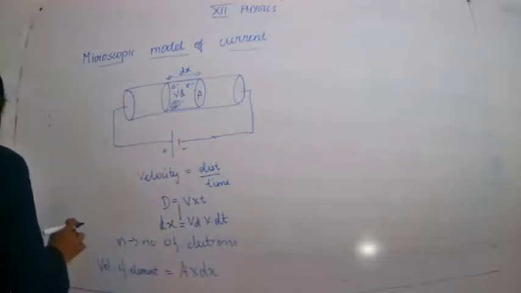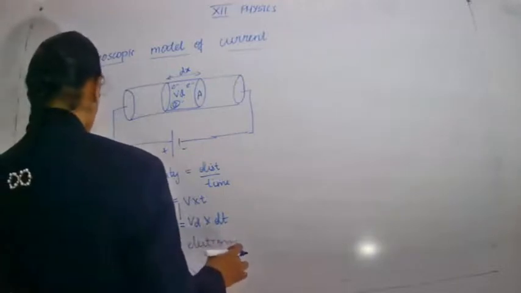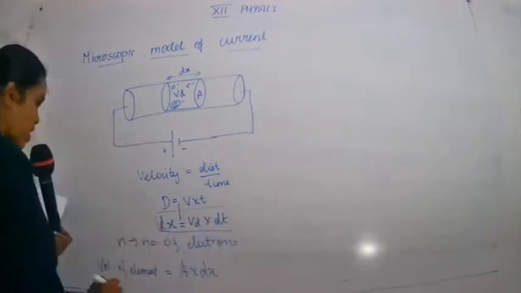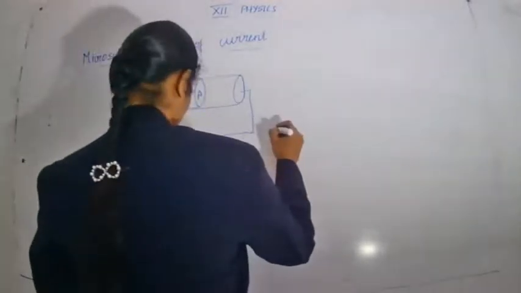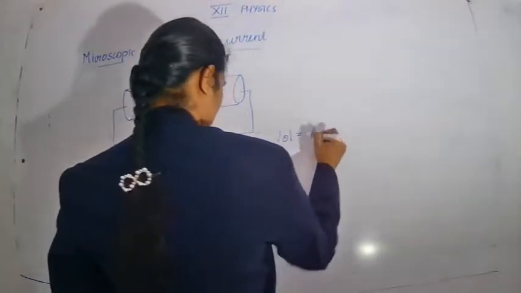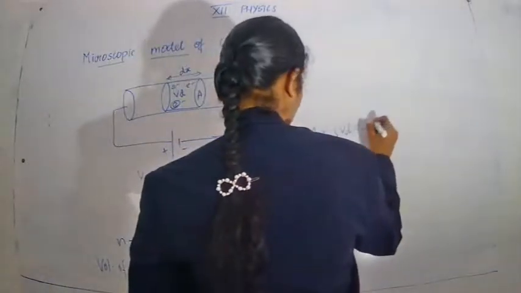Now, dx is equal to Vd into dt, isn't it? So volume is equal to area into dx, that is Vd into dt.